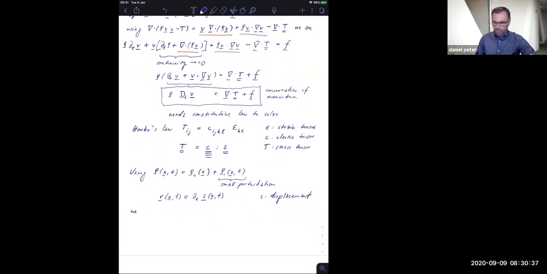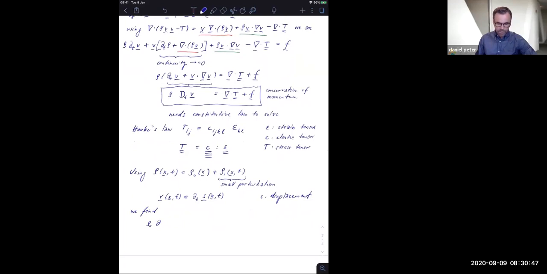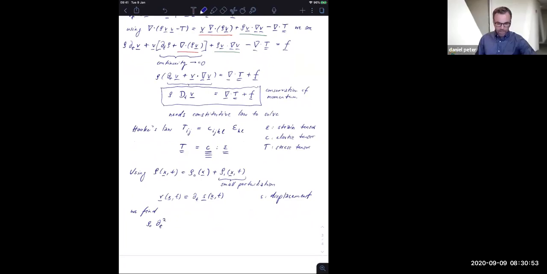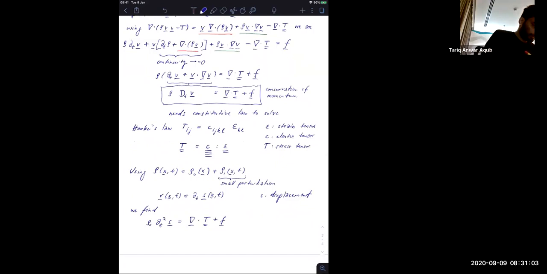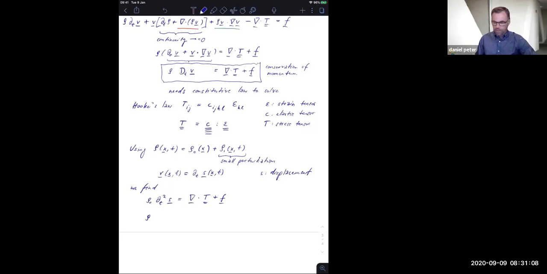So s here is displacement. So when we do that, we find basically our terms with rho 0, the second time derivative of displacement, equal to the divergence of the stress, plus f. We can write the divergence of the stress using Hooke's law in terms of strain.